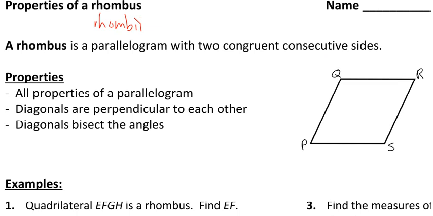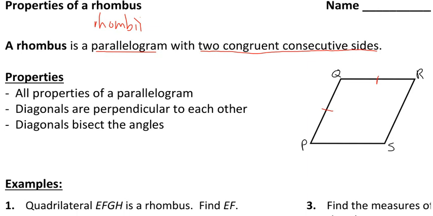So this is a parallelogram by definition, but it's a parallelogram with this special condition that two consecutive sides are congruent. So for example, PQ would be congruent to QR.